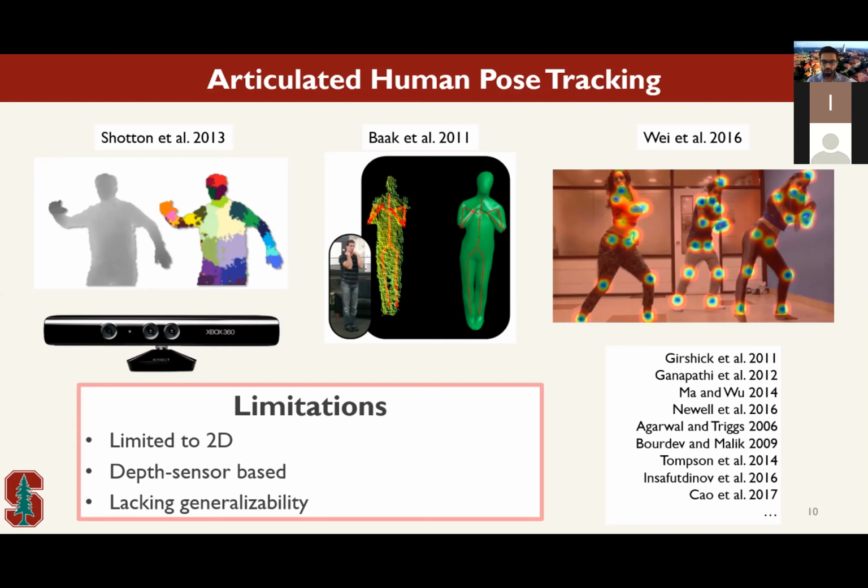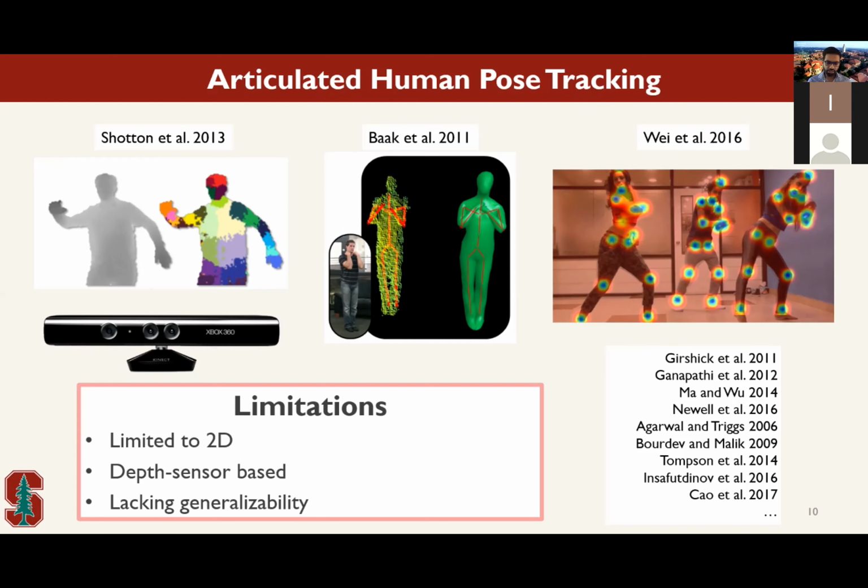I mean, you can buy them off the shelf, but they're still much more expensive than RGB web cameras like the one that I'm using right now. Many of these methods lack generalizability. So they don't work outdoors. For example, depth sensors don't work outdoors because sunlight interferes with the way these sensors work. So there's a bunch of limitations with using existing work.